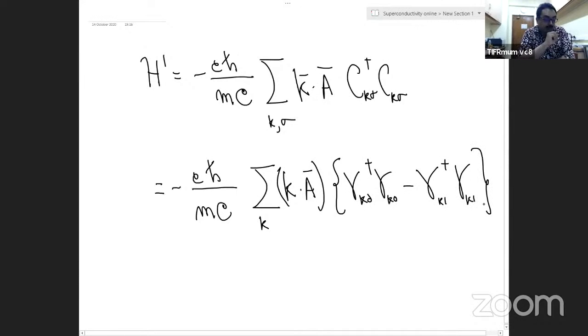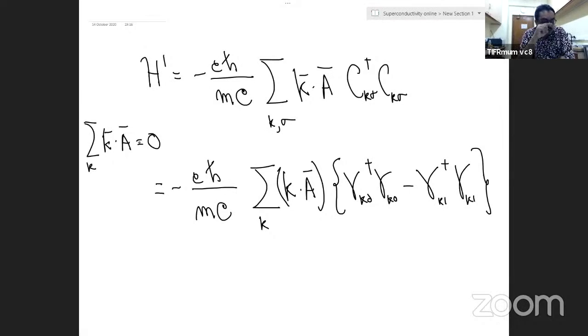Now you see again the 1 here, so when I sum this quantity, I have used again that the sum of k·A over all k is 0 from symmetry of the Fermi sphere, symmetry of the Fermi surface. Okay, now what does this Hamiltonian mean in terms of the energy of the quasiparticle?